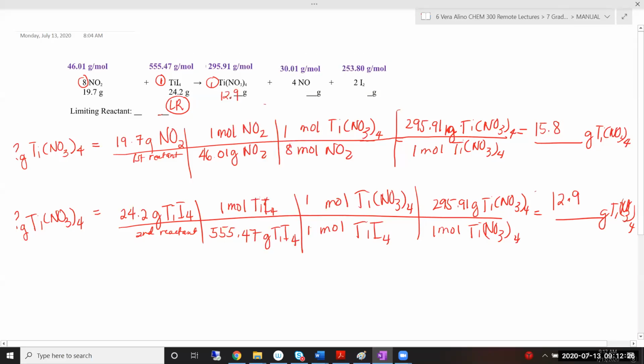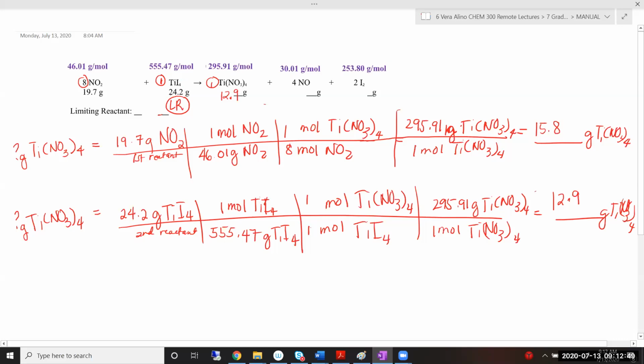Okay, remember, in order to form product, you need to have these two reactants inside your vessel. So your titanium 4 iodide can only produce 12.9 grams. And then after that, you're no longer going to have this in your vessel.